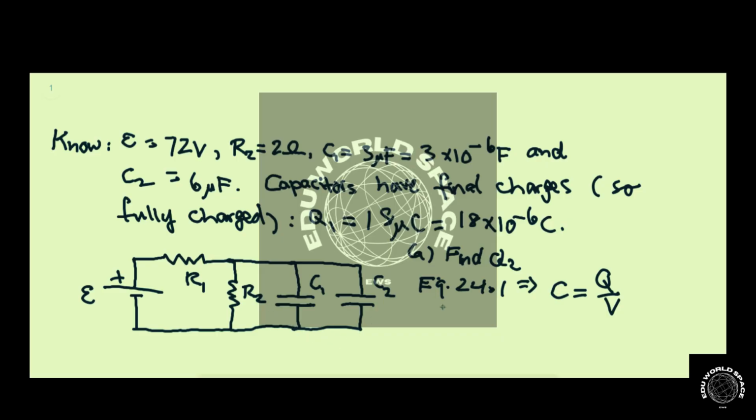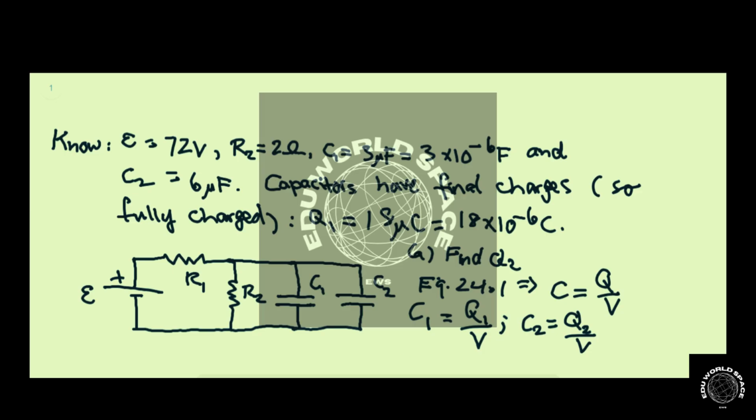And in chapter 24, when you have two capacitors in parallel, they have the same potential difference between them. So let's write that C1 is equal to Q1 over V. This is the common potential difference between the two capacitors, and C2 is Q2 over V.